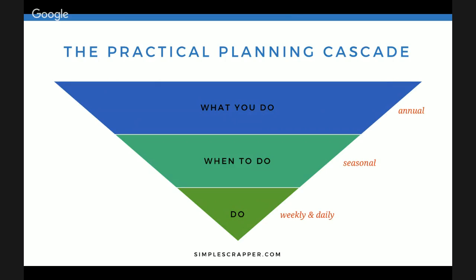You'll be able to say print January's photos for Project Life, or work on the 4th section of this album by completing these 2 layouts. You can be more and more specific, which means you're more likely to actually follow through. We'll keep going through this a little bit, but this is the overall big picture perspective.